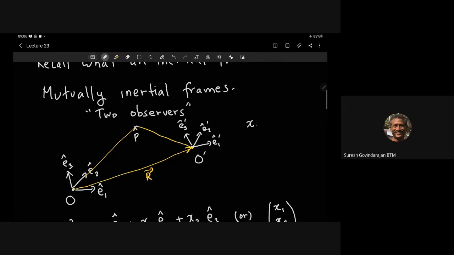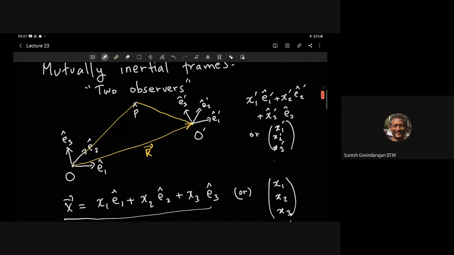So this person will write x1 prime, or a triplet, right? So these would be the coordinates of the point P in the frame O prime.